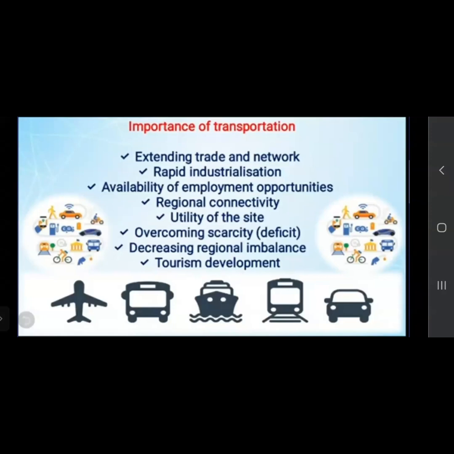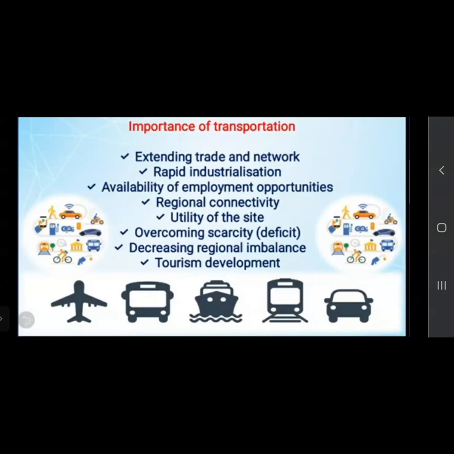Then regional connectivity, yes, this is very important. The regions are connected with each other because of transportation. Utility of the site, meaning the site is made use of. Then overcoming scarcity, then decreasing regional imbalance.